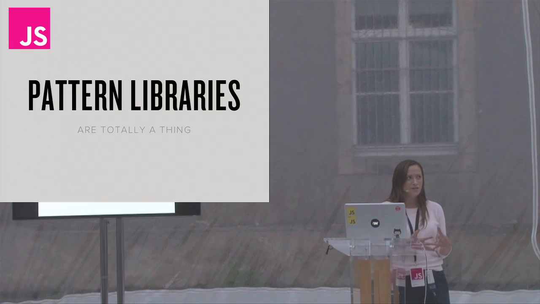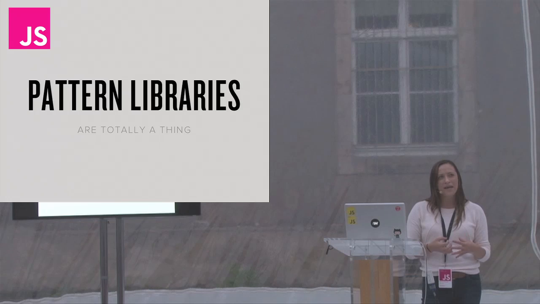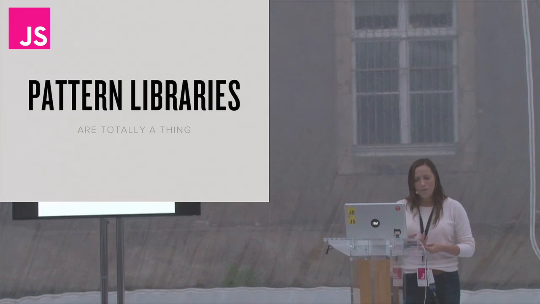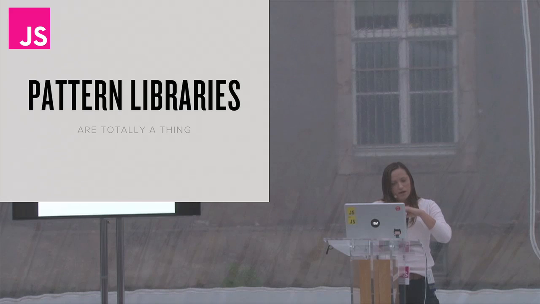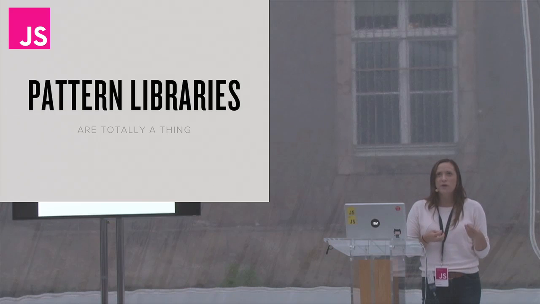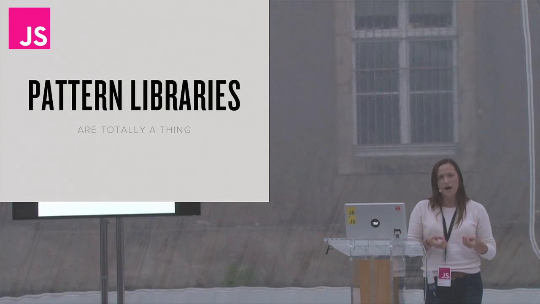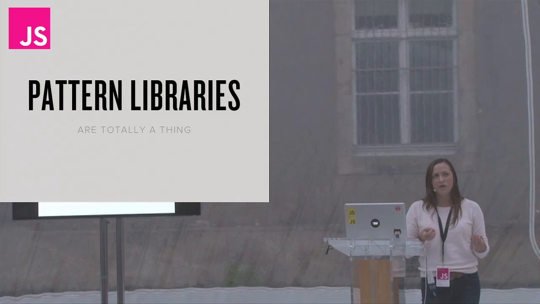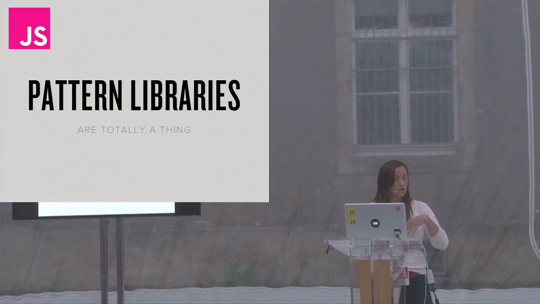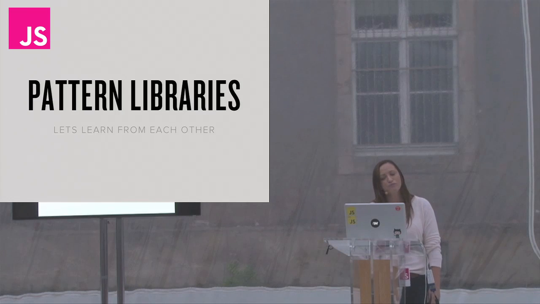Pattern libraries are something that's becoming incredibly interesting to me, especially being a front-end coder and a designer. It's a good way to study how someone else implements something and learn from that, but it's also a good way to reuse the CSS and other parts of the UI that you normally implement. It's really great to create those pattern libraries for yourself, but also for other people.